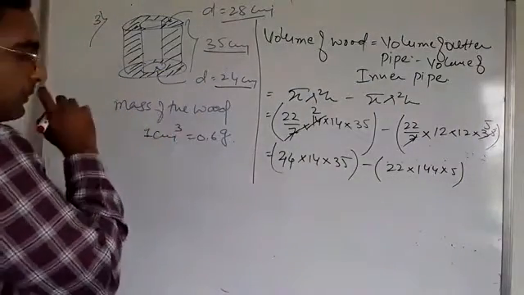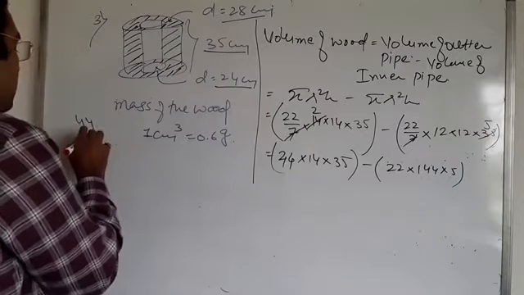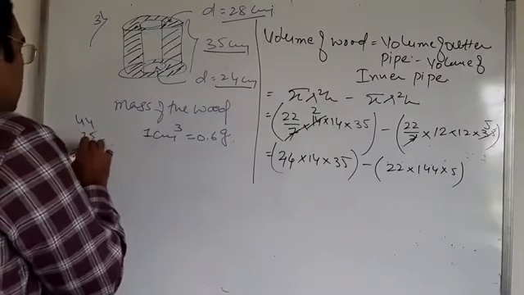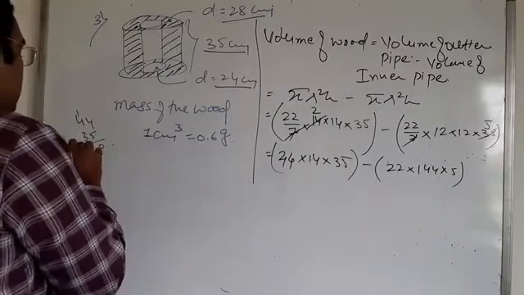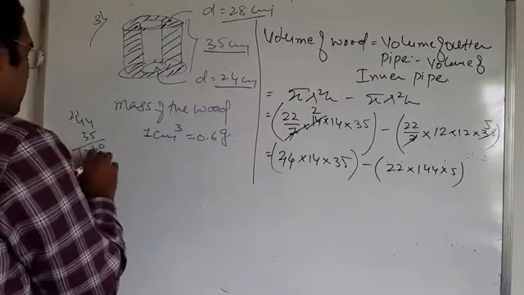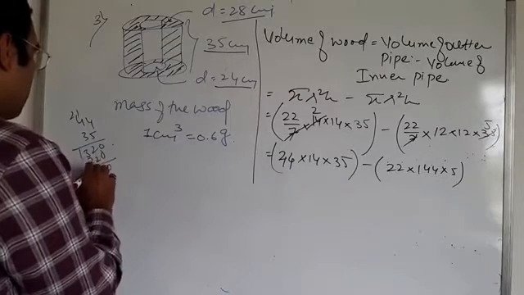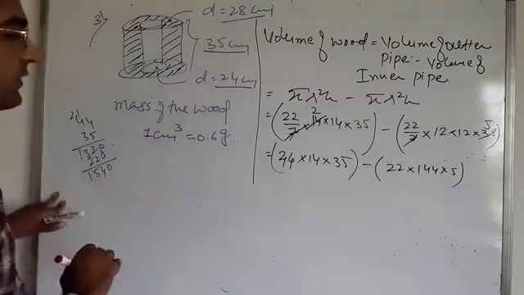So now that is my 44 into 35, that is 3 4s are 12, plus 1 is 13, 5 4s are 20, plus 2 is 22, and 3 plus 2 is 5, so 1540.